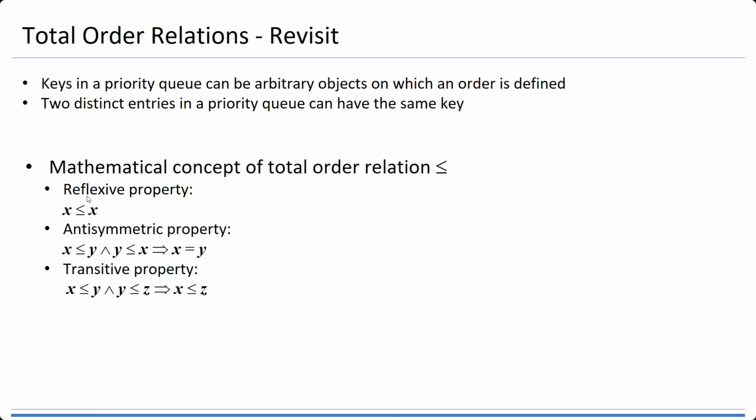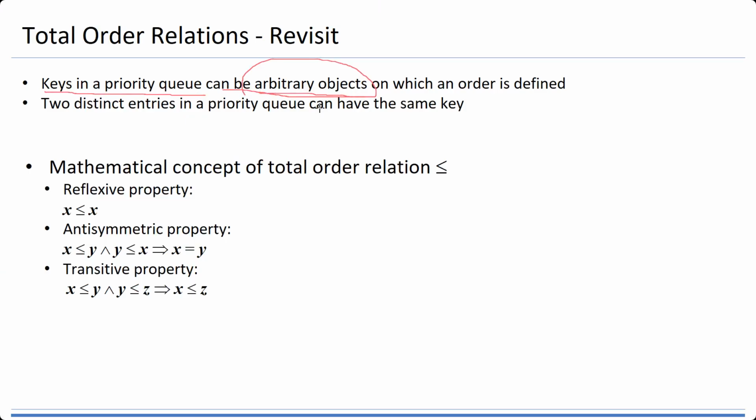So it follows the total order relations, the one that I already explained before. The idea of the priority queue also uses the total order relation. So the key in the priority queue can be arbitrary objects. What are arbitrary objects?